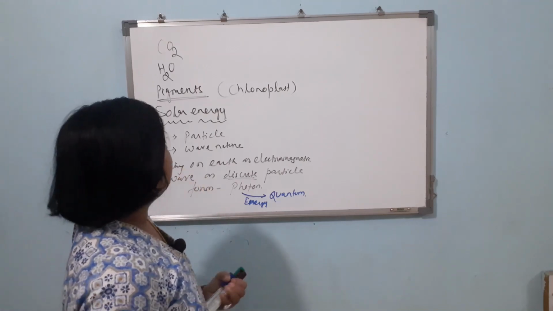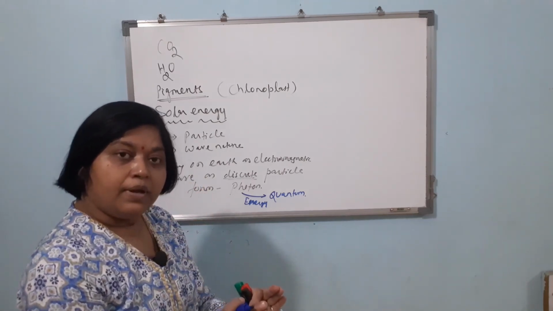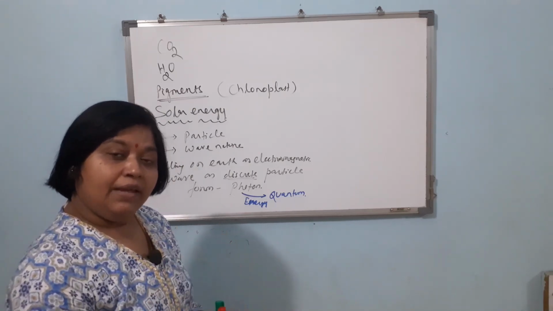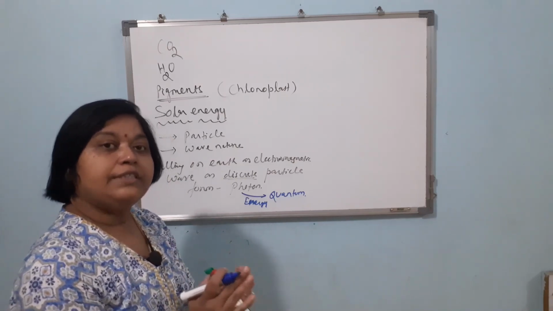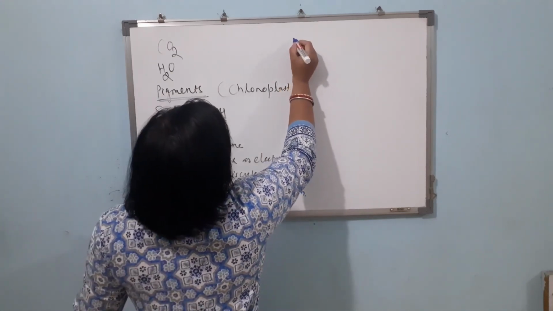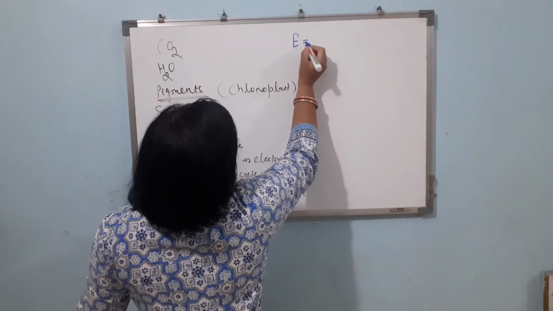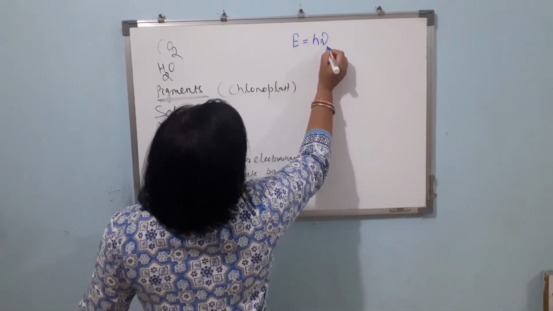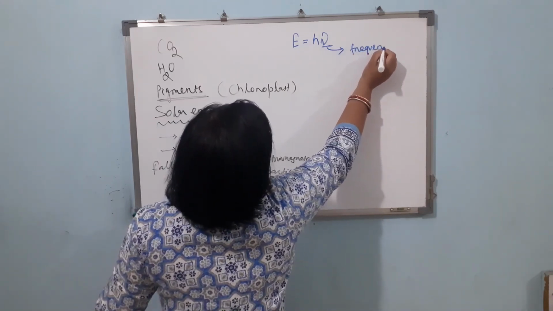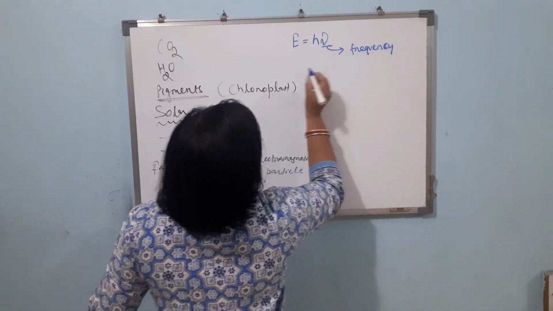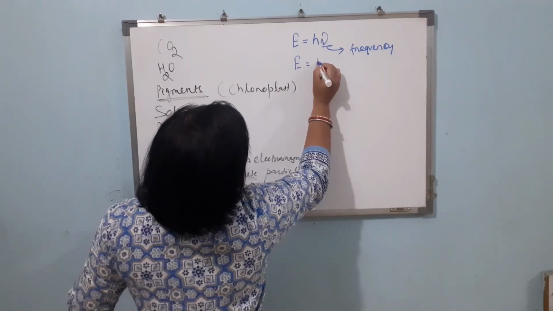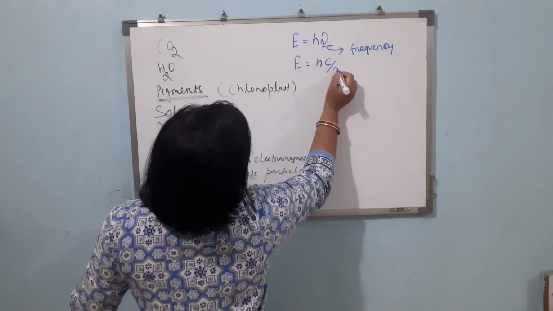As it shows wave nature, it is described in the form of frequency and wavelength. So you can calculate this energy: E is h nu, where nu is frequency, and E is also equal to h c by lambda.